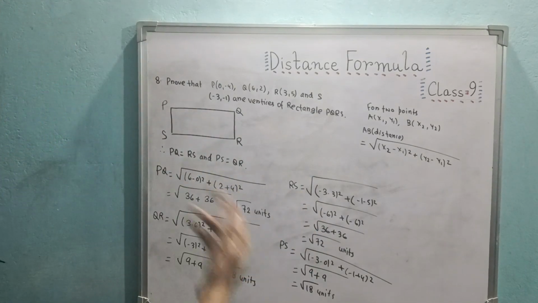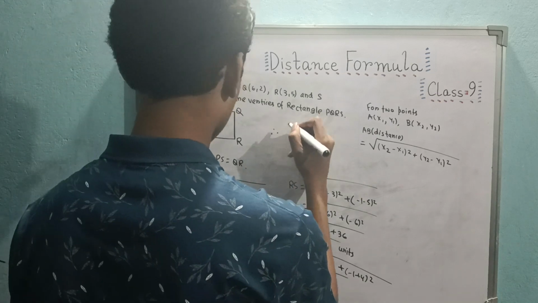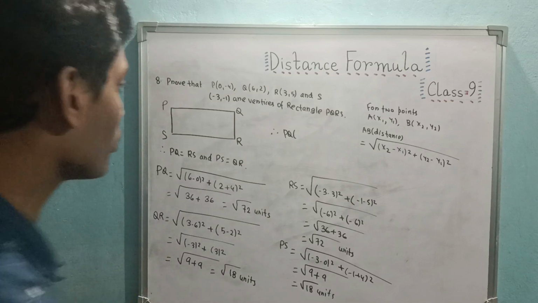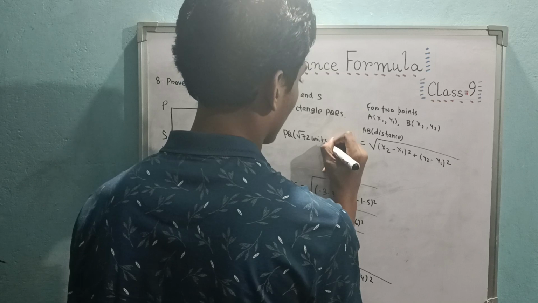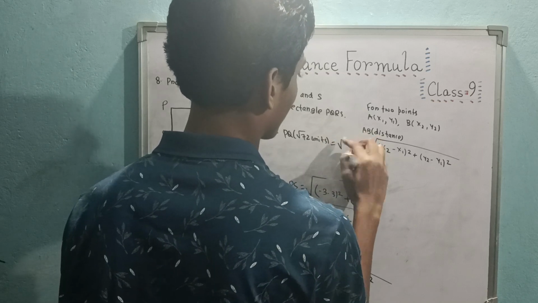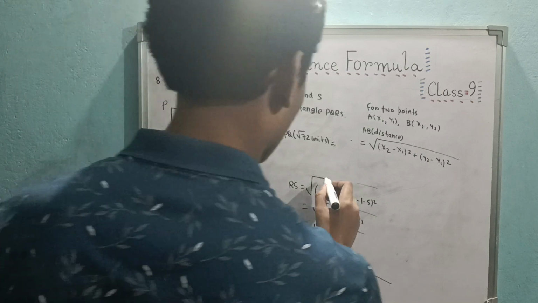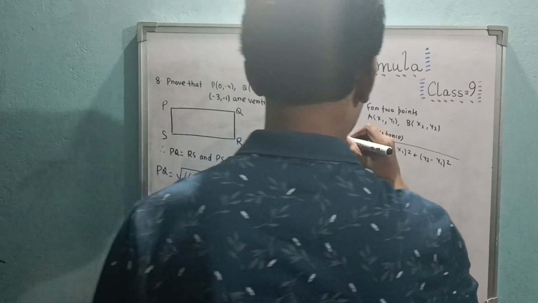What was the condition? PQ equal to RS and PS equal to QR. Therefore, PQ is root 72 units, equal to RS, and RS we got root 72 units.